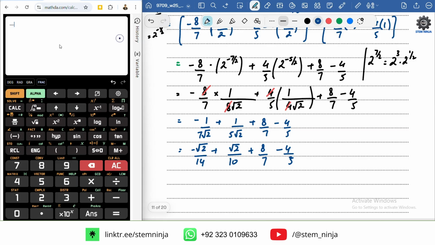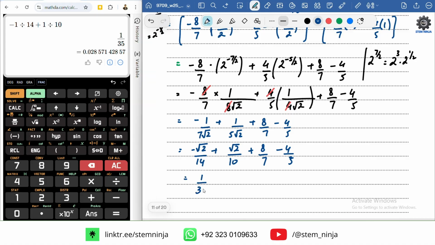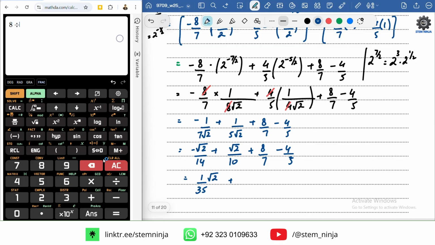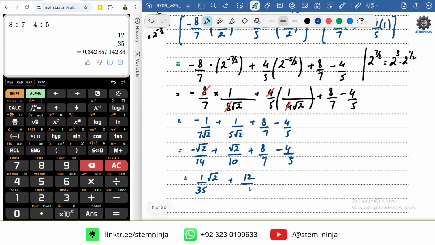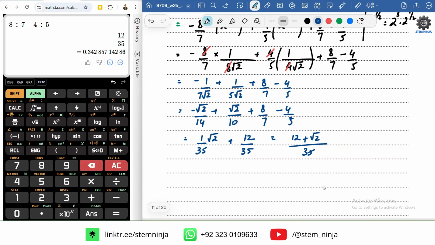If you check now, minus 1 divided by 14 plus 1 divided by 10 is 1 over 35 root 2, and 8 over 7 minus 4 divided by 5 is 12 over 35. That's exactly what we were looking for in the answer. So you can combine them into 12 plus root 2 over 35. That's it, that's your answer. Alright, so moving on.